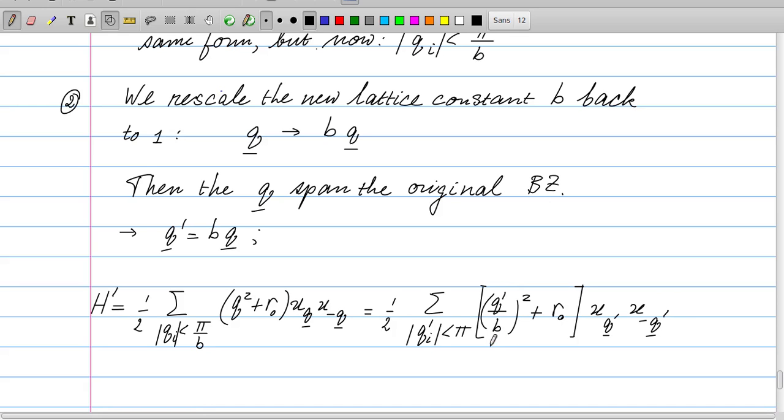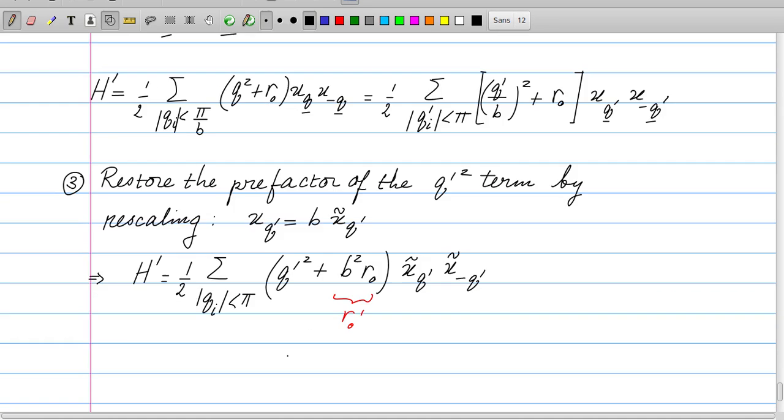And let me emphasize that, we want this prefactor for the q primed in this case to be 1/2 and not 1/2 divided by b squared. So we should get rid of the b squared.